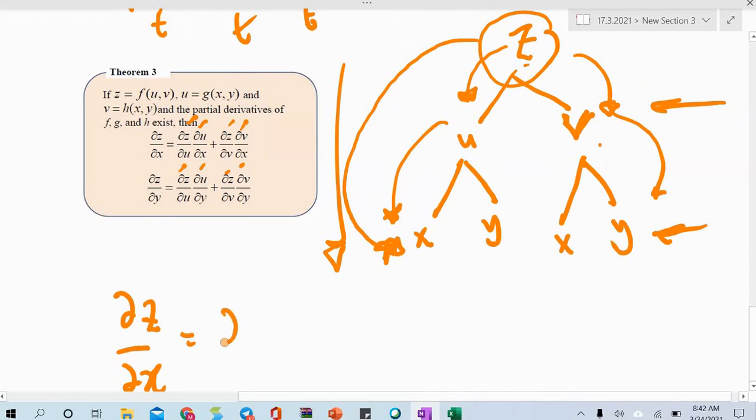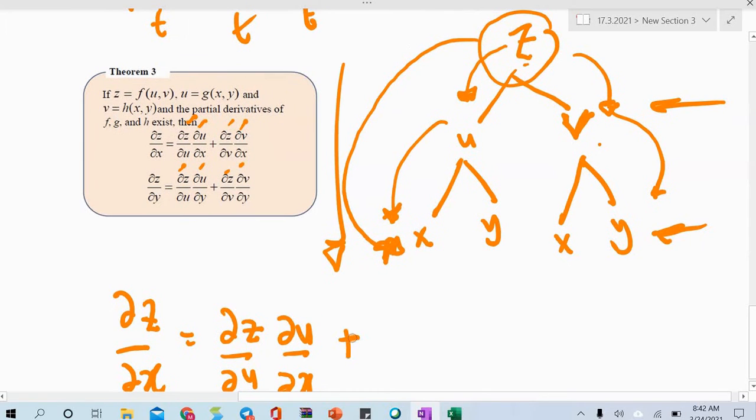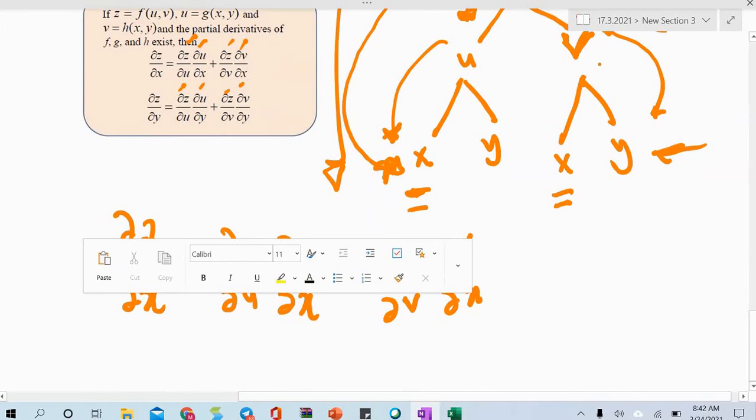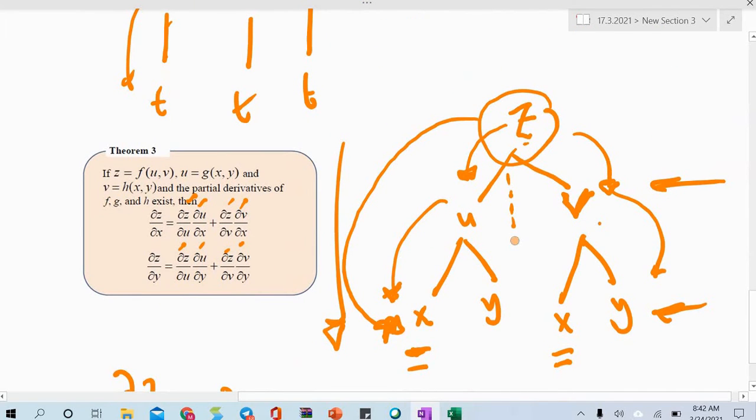Which means you have del Z del U, del U del X, plus del Z del V, del V del X. Y plus, because we have 2 branches.